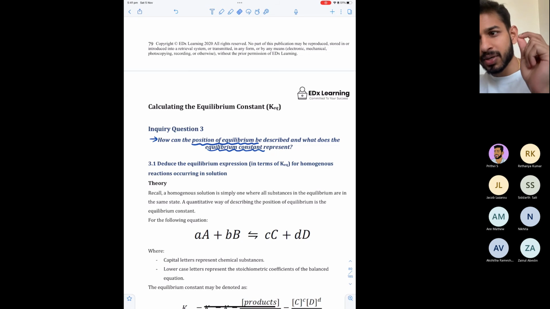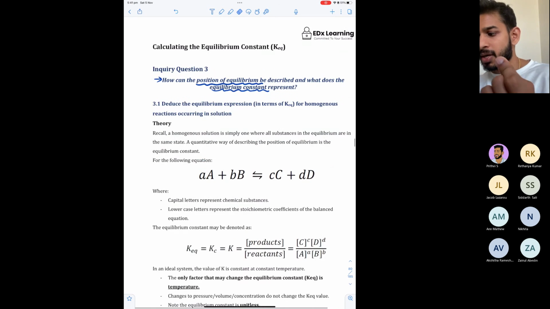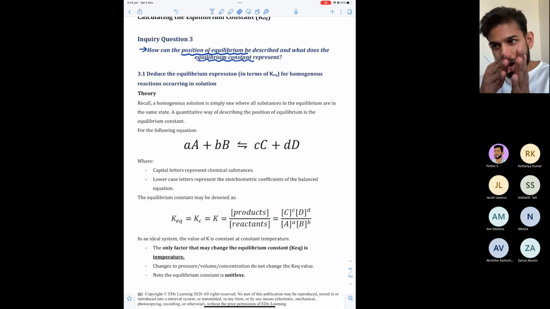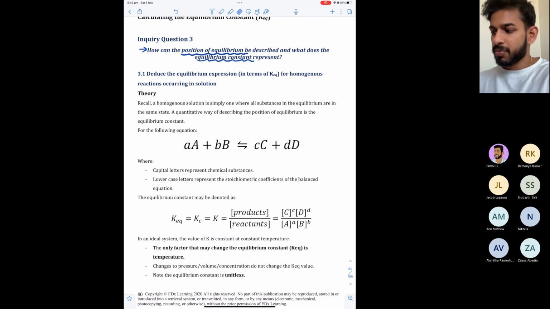There's one little additional bit of detail we need if we want to quantify the position of equilibrium, right? So if we're trying to quantitatively calculate how much the equilibrium is to the right, to the left, or to the middle, the formula is not just product concentrations. Remember, whenever I put square brackets, it's concentration. That's what it means in chemistry, divided by reactant concentrations.